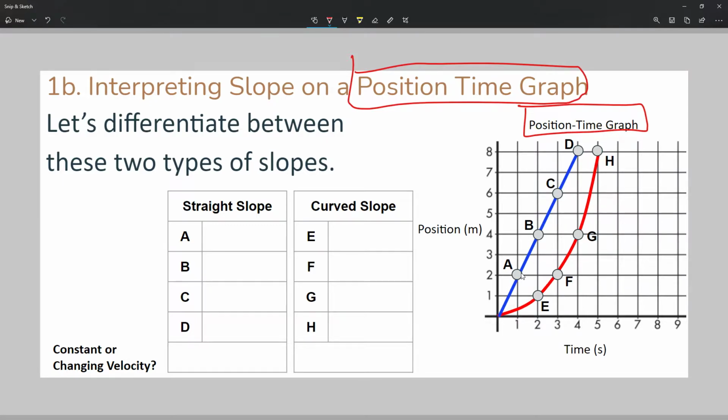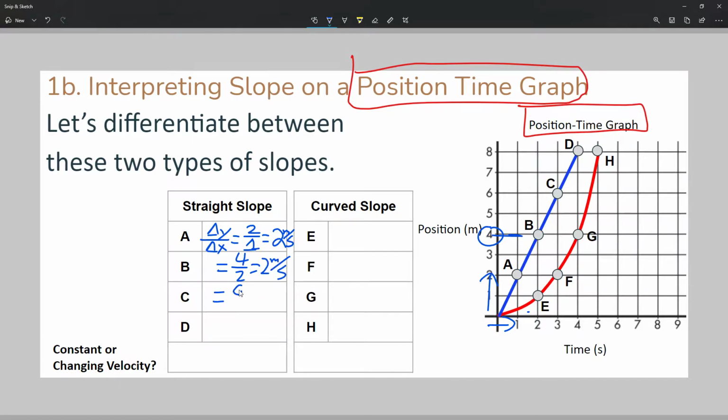The slope of A, again, is delta y over delta x. Your y goes up 2 and x goes 1, so 2 meters per second, because slope is velocity. B, same thing, 4 over 2, so 2 meters per second.